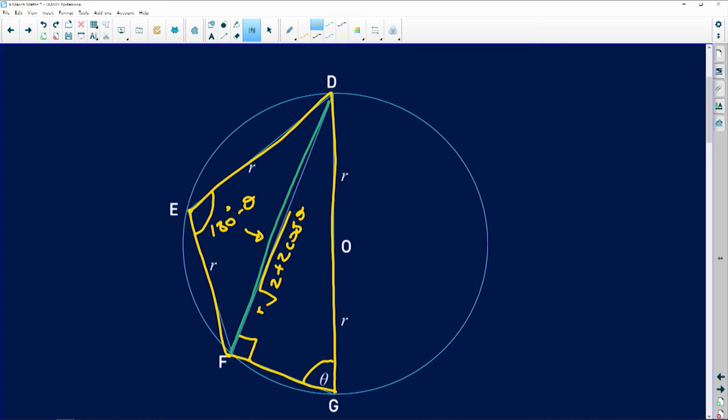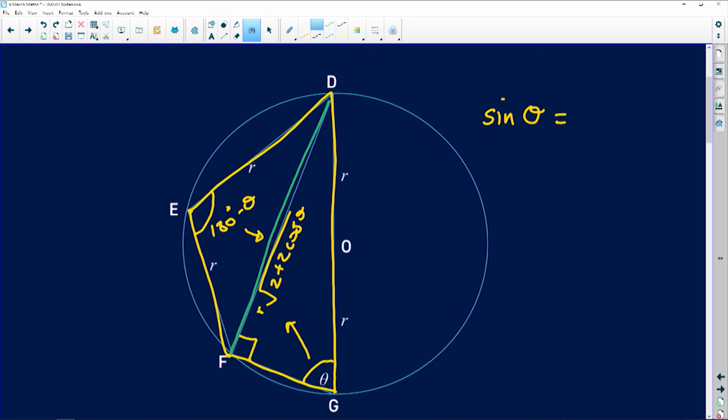So I might try to forge the sine of that angle G and build a ratio. The sine of theta, according to the trig ratios that you learned in grade 10, is opposite side divided by the hypotenuse.